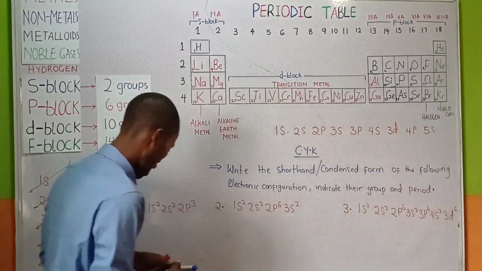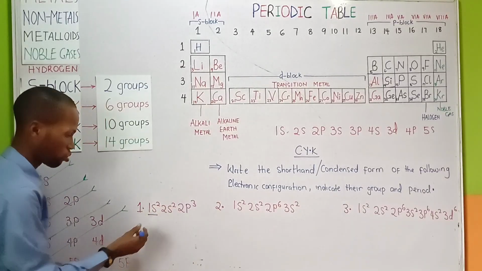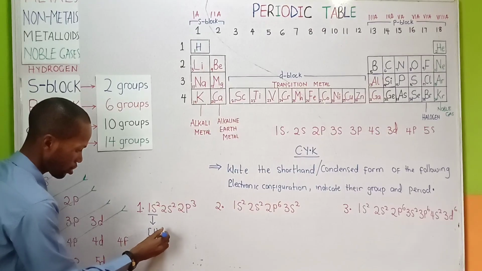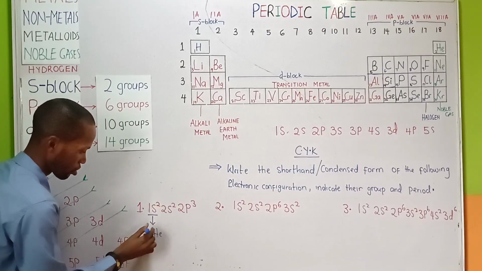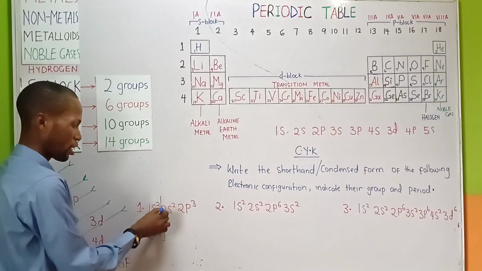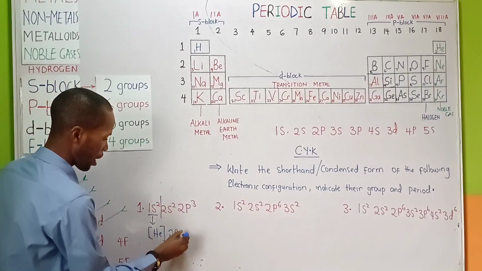So helium is 1s2. So we can express this as helium, 1s2, and the outermost configuration is 2s2, 2p3.